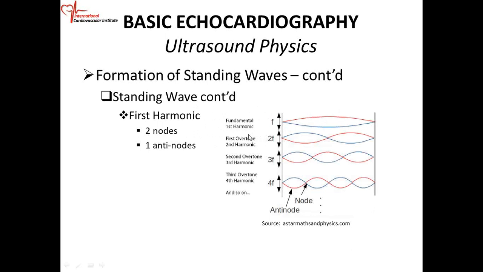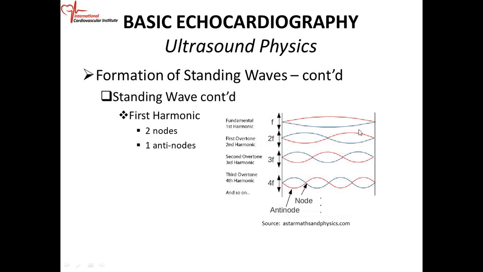For the second harmonic, this is what it looks like. You have three nodes, one, two, three. The nodes are points of no displacement. And you have two antinodes, those are points of maximum displacement.